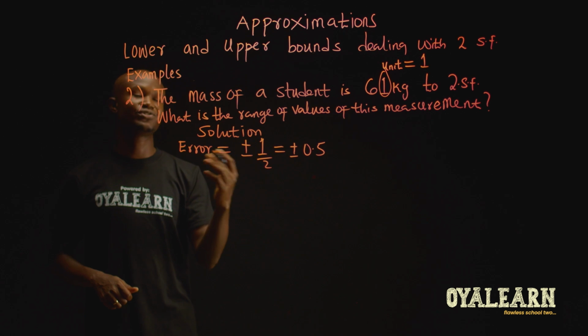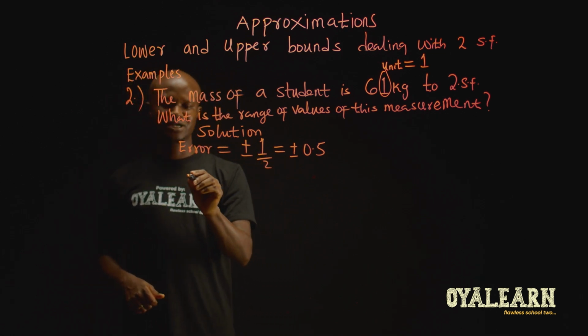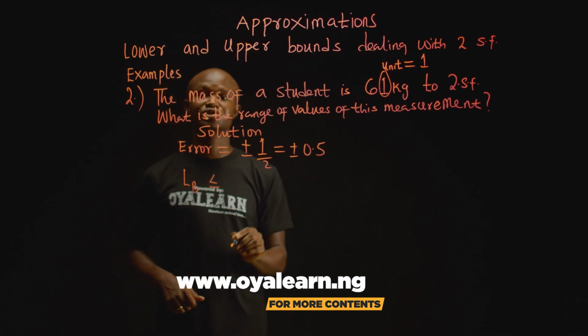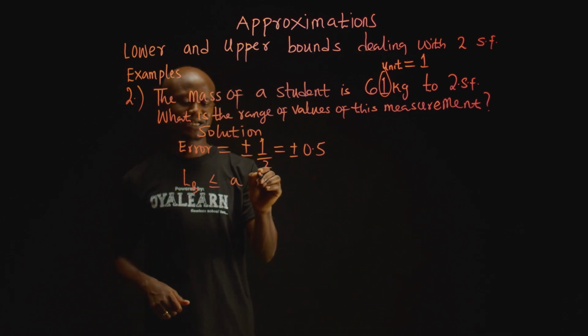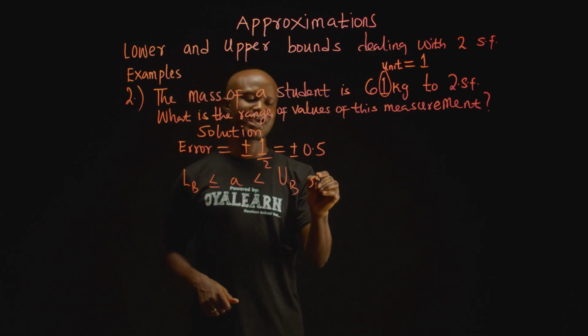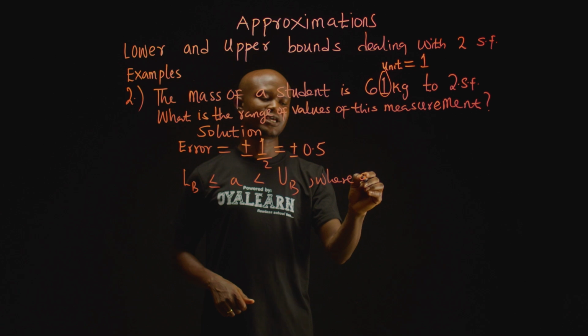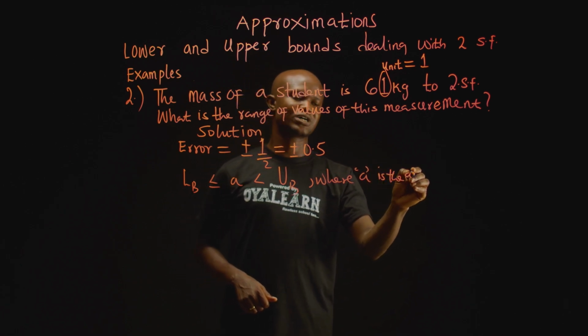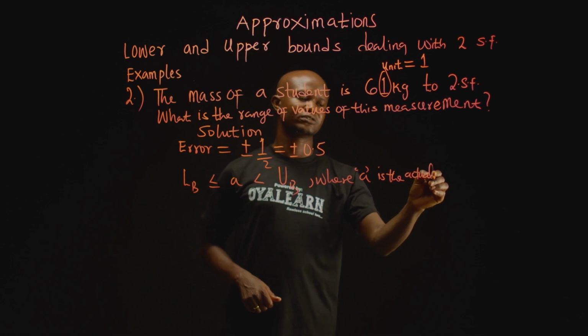Now, we want to get the range of values of the measurement. For the range of values, we have the lower bound less than or equal to A, then less than the upper bound, where A is the actual value.